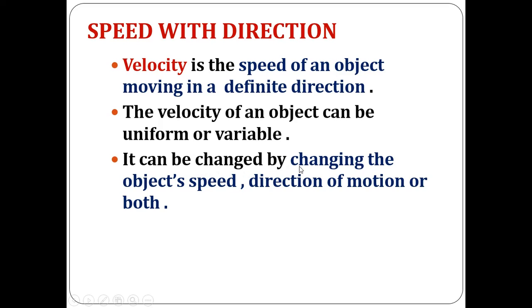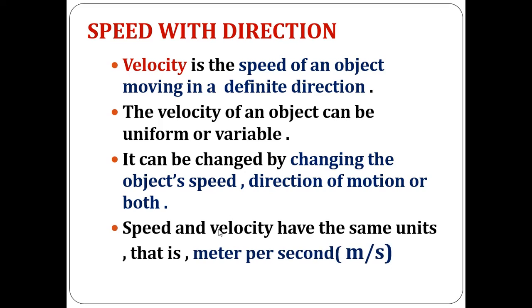By changing the object's speed, the direction of motion, or both the speed and direction of motion. Understood? So velocity means the speed of an object moving in a definite direction, and it can be changed by changing the speed, the direction of motion, or both.